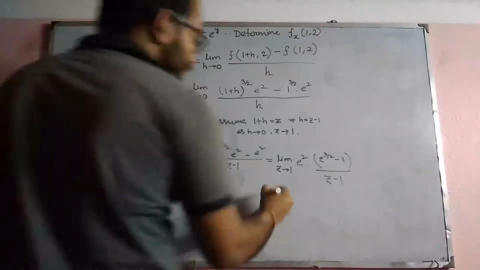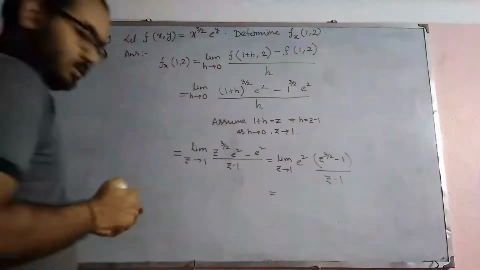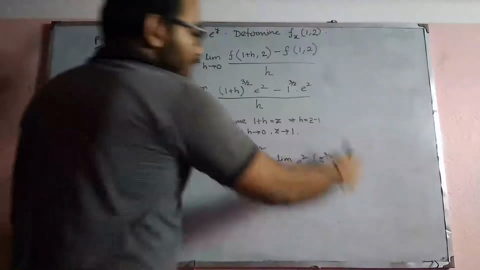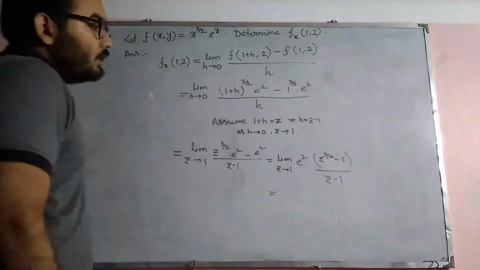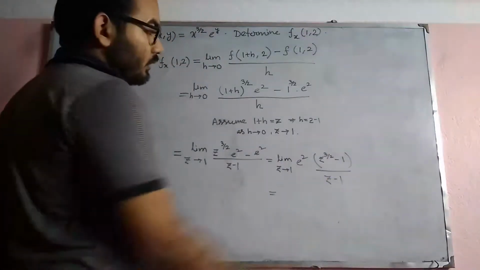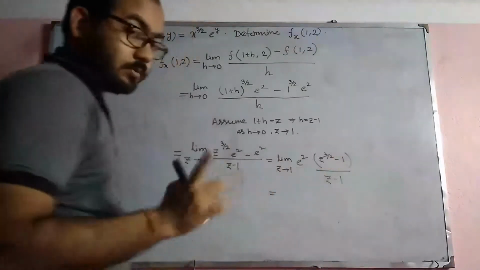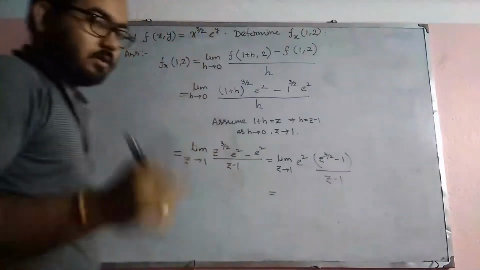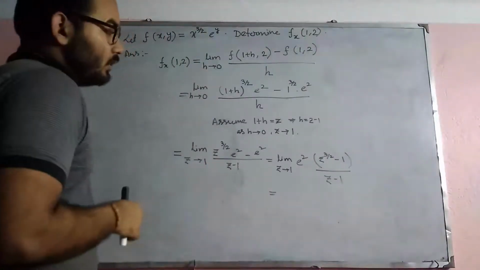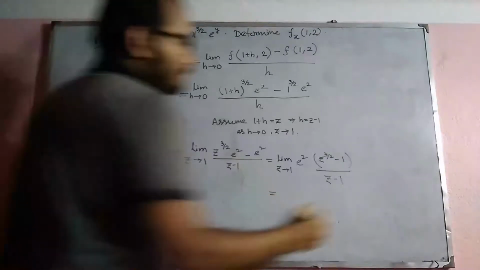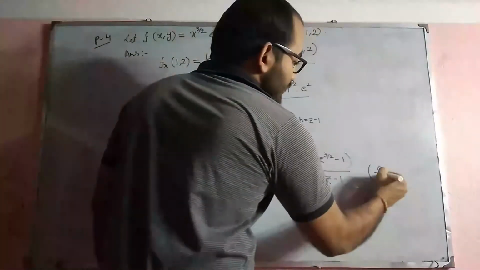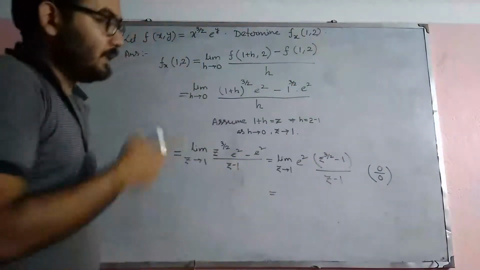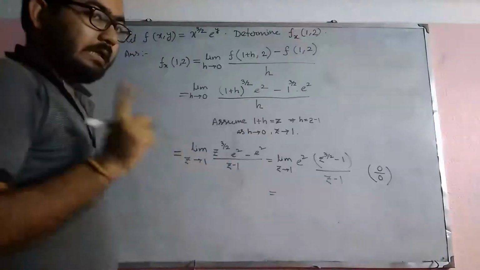Now see, if we apply the limit to this expression, the upper portion of this function tends to 0, and the lower portion also tends to 0. That means it is 0 by 0 form, and it is an indeterminate form.